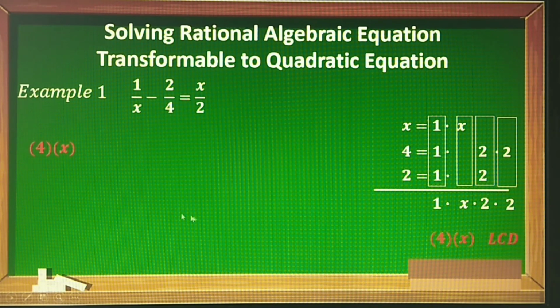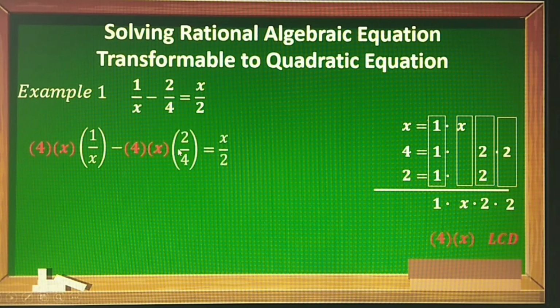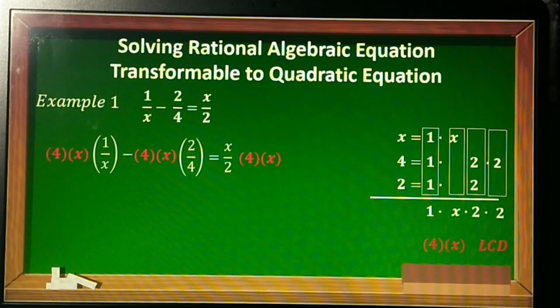Okay, so 4x. Tapos, ita-times natin siya sa 1 over x. Tapos, yung LCD, 4x, multiply natin dito sa term na minus 2 over 4 is equals to x over 2, multiply din natin sa kabilang side ng LCD.